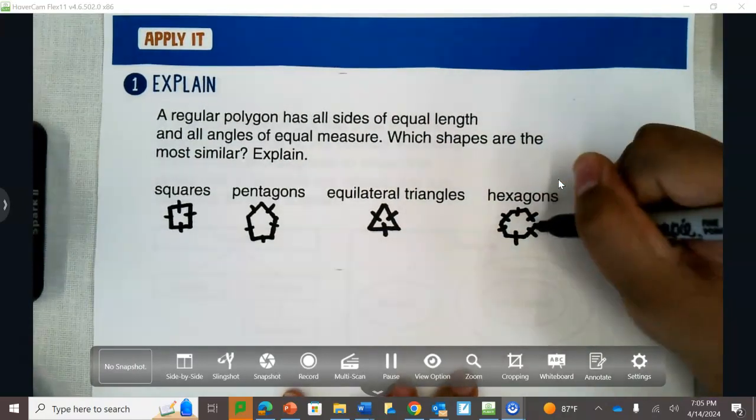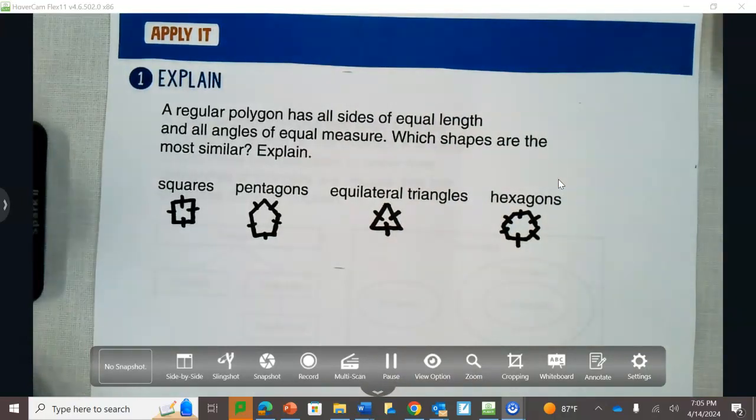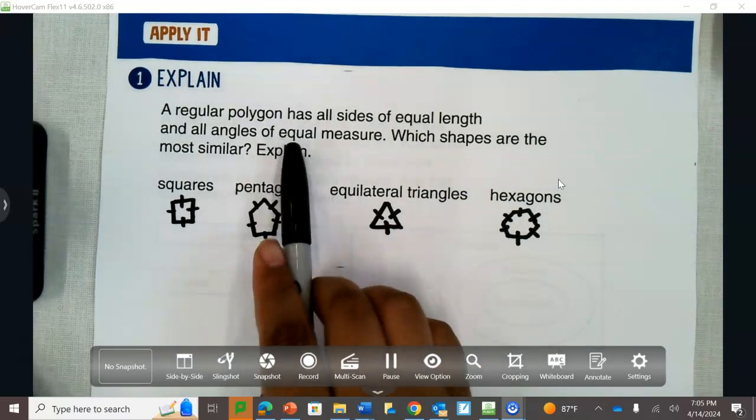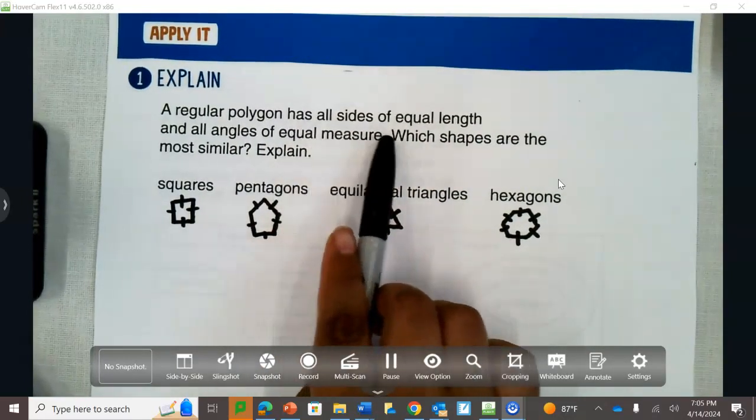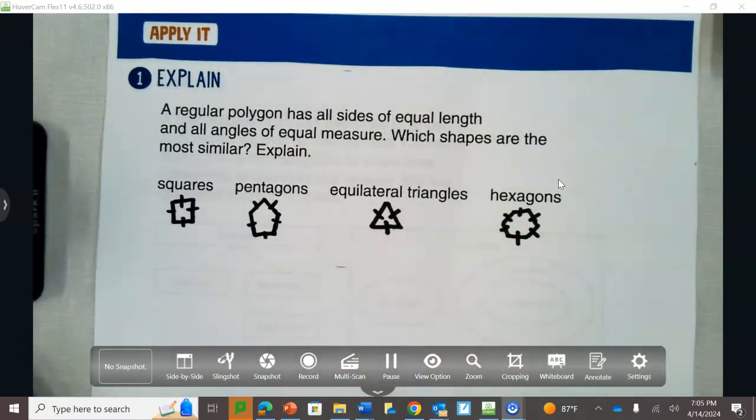I was talking about how a regular polygon is a shape that has all sides of equal length and all angles of equal measure. But there are 2 shapes that don't necessarily always have to follow these rules, and 2 shapes that do follow these rules.